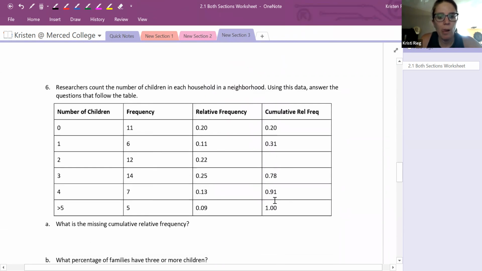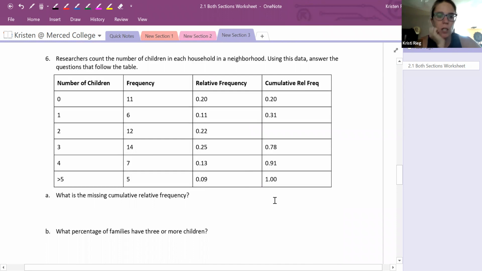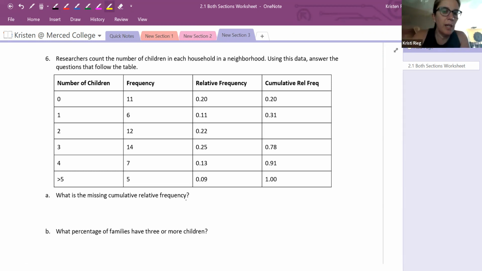Okay, last one, and then we'll draw pictures. So here it says, basically the table's almost all filled out, but it says, first of all, what is the missing cumulative relative frequency? So I see one is missing right here. So we need to fill that in. And so we could just go through the way we would calculate it.